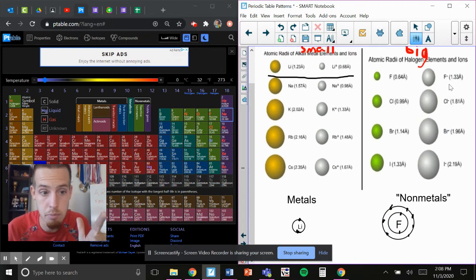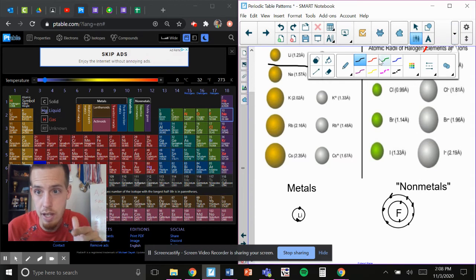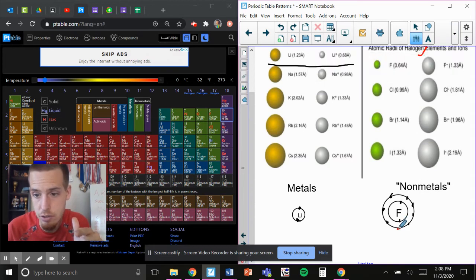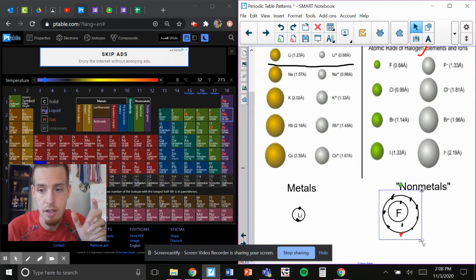Well, fluorine -1, if you're gaining an electron, there's your 10th. But what ends up happening, again, with all of these, is that as you add the 10th, it allows it to expand.